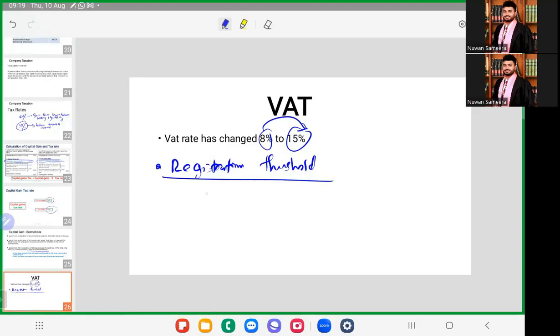But now per quarter it is 20 million, and per annum it should be more than 80 million. That is the different registration threshold.